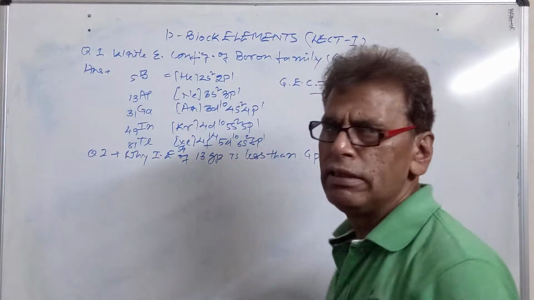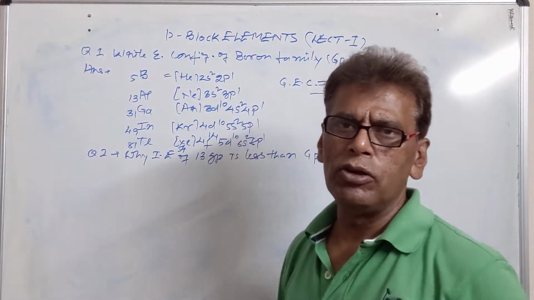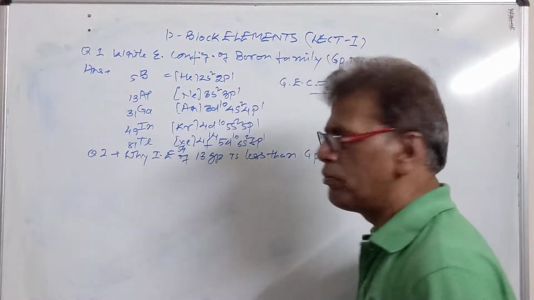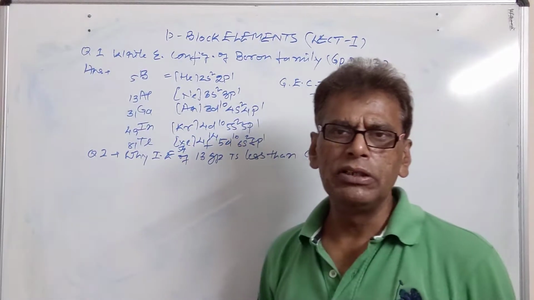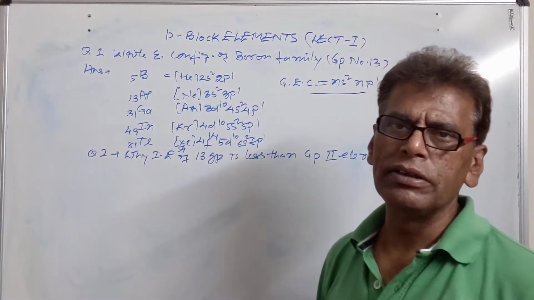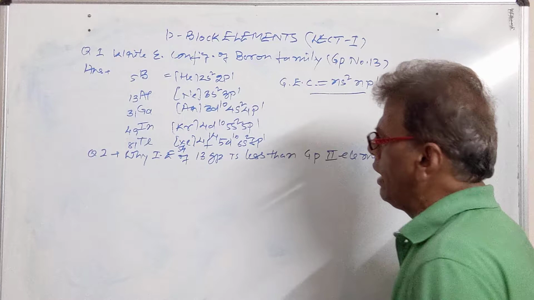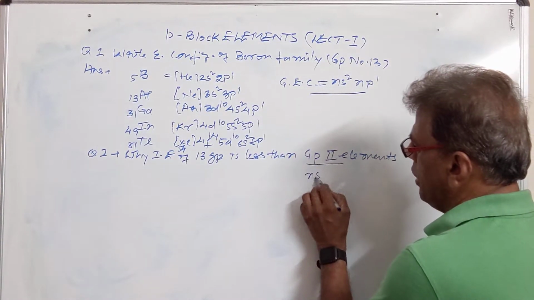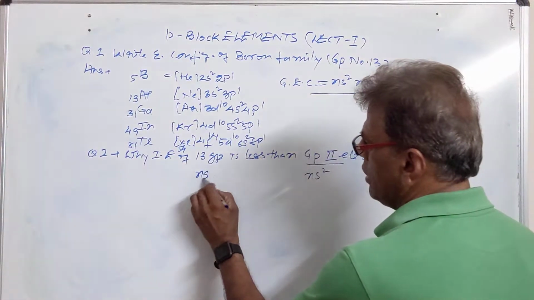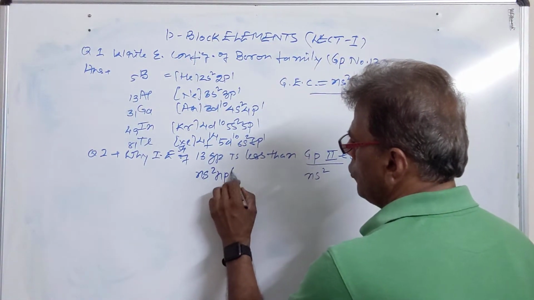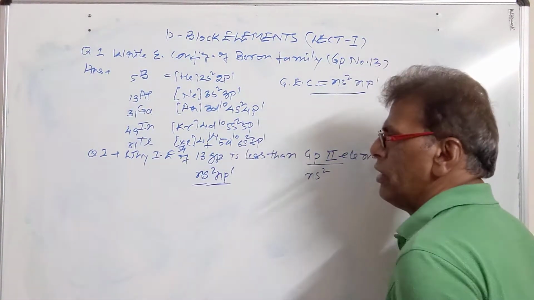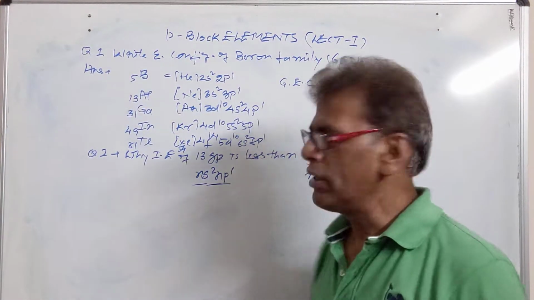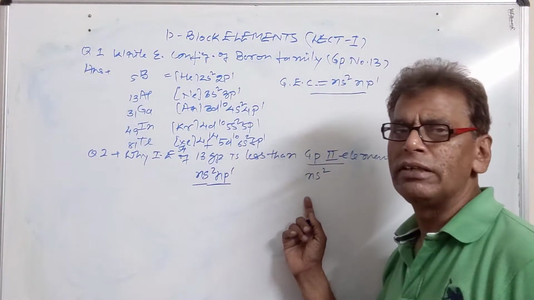The reason is their outermost electron, the most loosely bound electron, is present in the p subshell, which is loosely held by the nucleus. Therefore, they require less energy for loss of this electron. But in group 2, the general configuration is ns2. Here it was ns2 np1. So the last electron is to be removed from the p subshell, but in this case, that has to be removed from the s subshell.